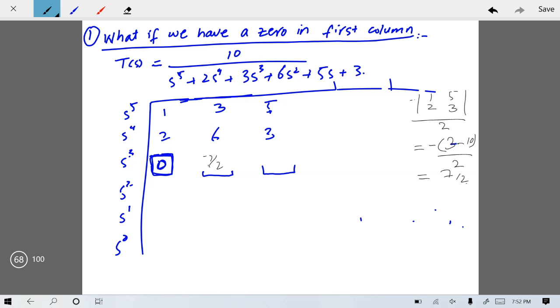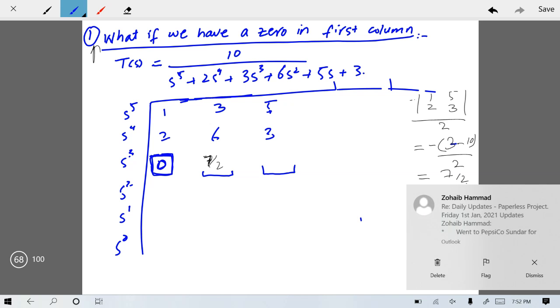So in this case I don't have a complete row equal to 0. I only have my 0 in my first column.